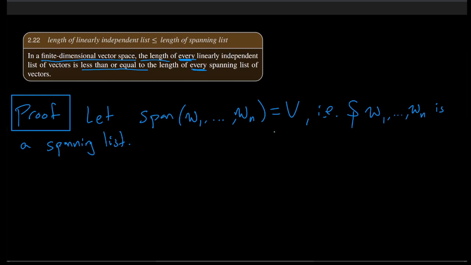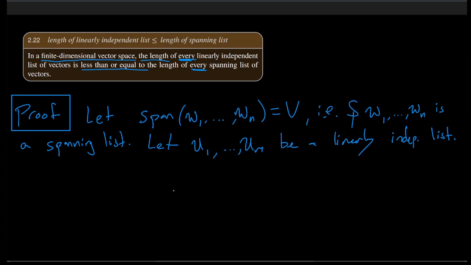Suppose there's a list of length n that spans V. In particular, let's suppose that it's these things, W1 up through Wn. Okay. Let U1 up through Um be a linearly independent list. All right, what we want to show is that m is less than or equal to n.